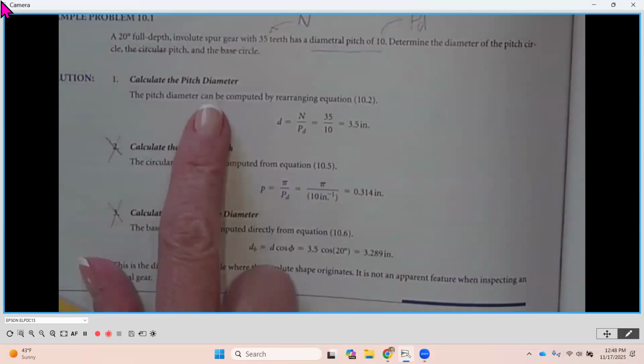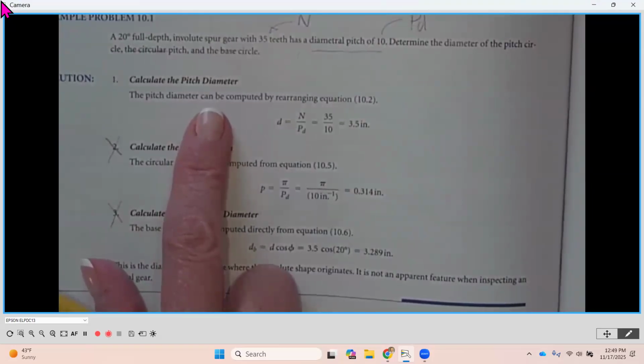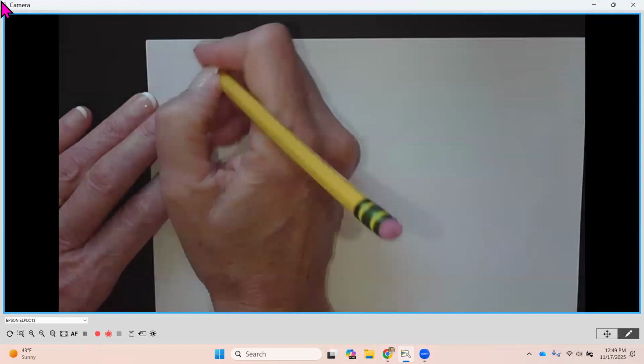So the only thing that I want us to find is just the pitch diameter here, and it's going to come in handy not only in your assignment, but in different calculations that you would do typically for gear drives.